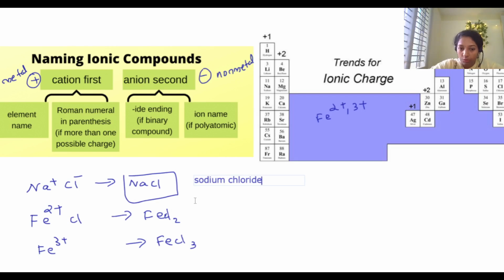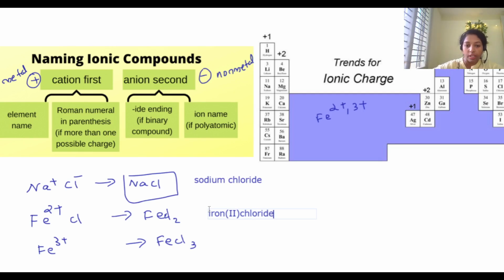If we have doubt, like iron, where multiple states are possible, then you need to write the Roman numeral in parentheses. So iron in which state? FeCl2 means iron is in the plus 2 state, so the name is iron(II) chloride.